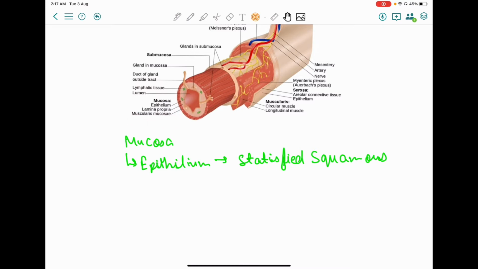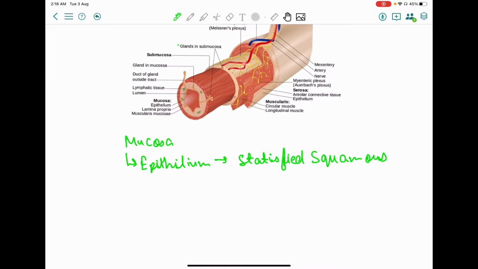Then it is covered by the submucosa. And there are of course glands in the mucosa, as I told you. These are the glands, and here is the duct of the glands. Did you see one thing?